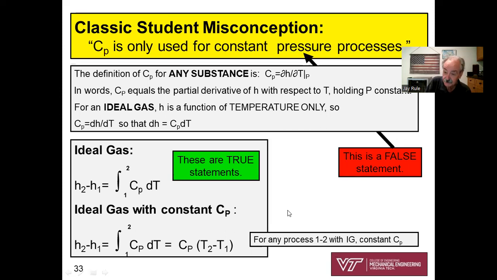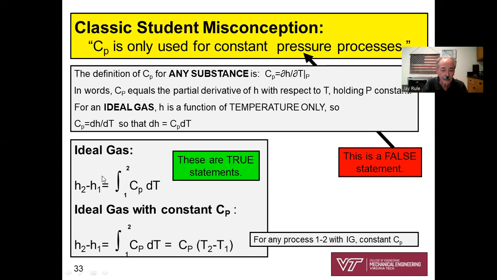The next misconception is C sub P is only used for constant pressure processes. Not true. You use C sub P when you're trying to find delta H. Simple as that. So this is a false statement: C sub P is only used for constant pressure processes. That's not true.